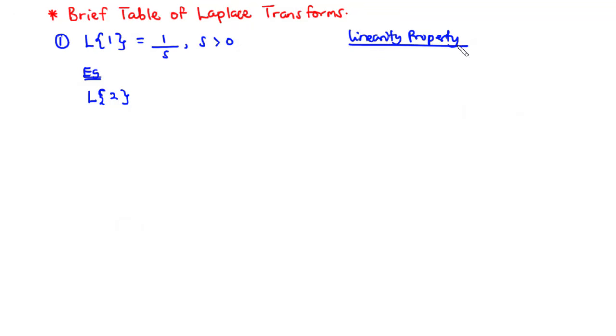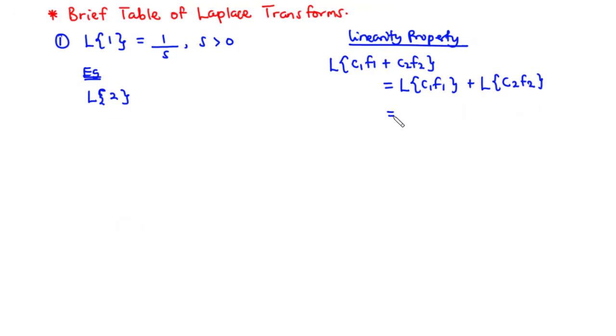Now this property states that assuming we have two functions f1 and f2 with two constants c1 and c2, so that we have the Laplace transform of the function c1 f1 plus c2 f2, then we can split these two so that we have the Laplace transform of c1 f1 plus the Laplace transform of c2 f2.